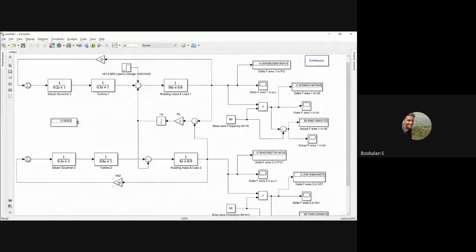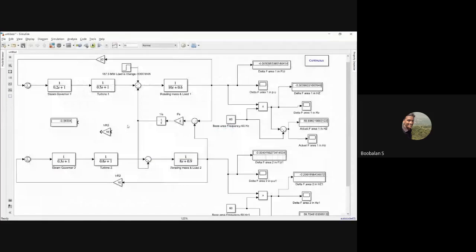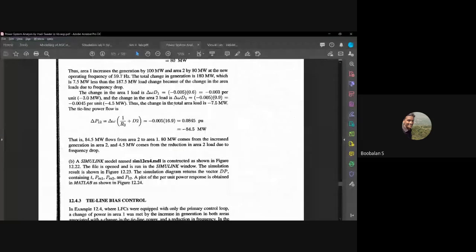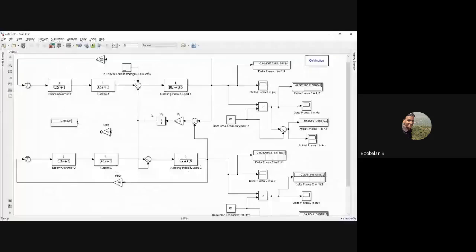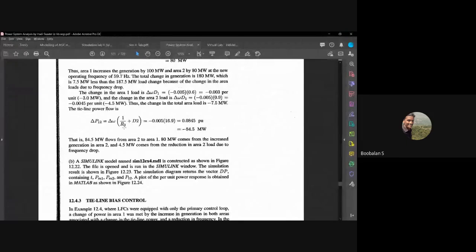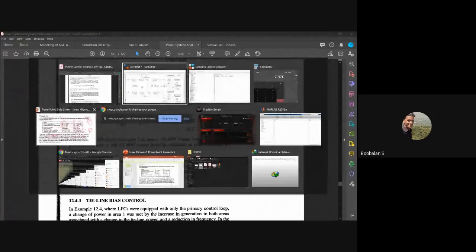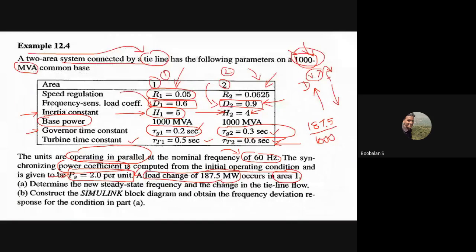That is 1 by R2 plus D2. D2 is nothing but 0.6, right? So it's 1 by R2 plus D2, with delta omega, the change in frequency, now minus 0.05, into 1 by R2 plus D2. So what is D2? D2 is now 0.9 by 0.05.